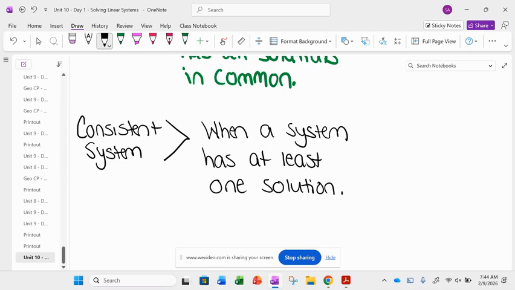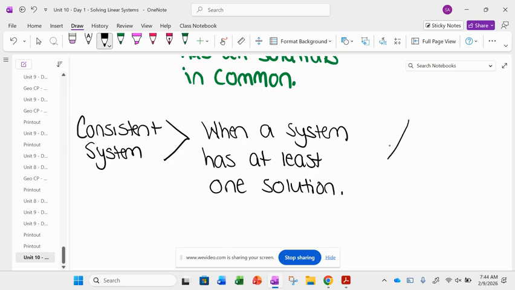When a system has at least one solution, what does that mean, at least one solution? One solution or more, right? Isn't at least one that number or more? But remember, we just spoke about it. There's no way to have two or three or four solutions. It's either one solution or all solutions.